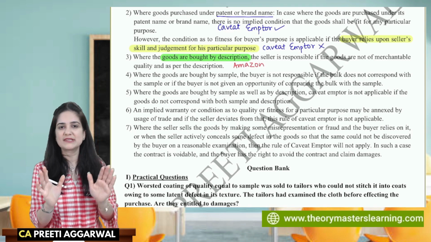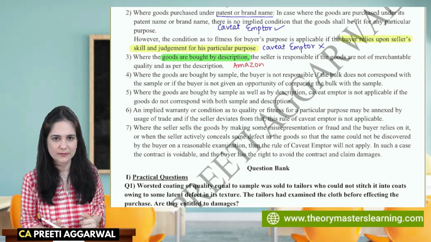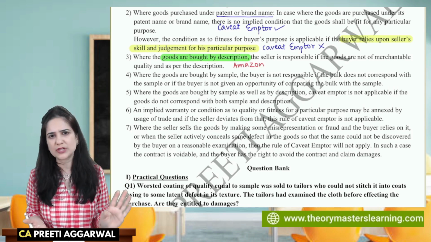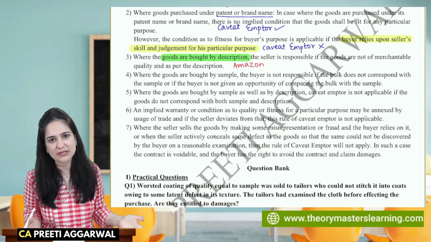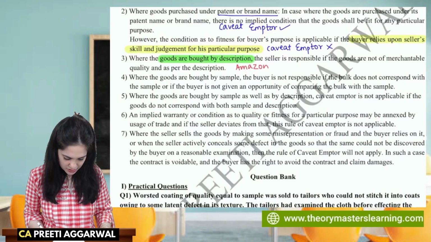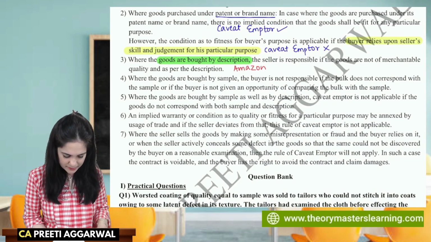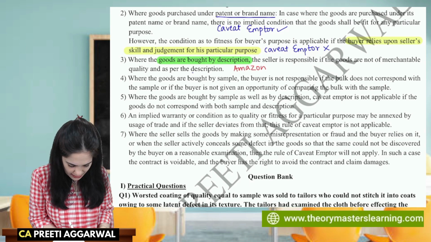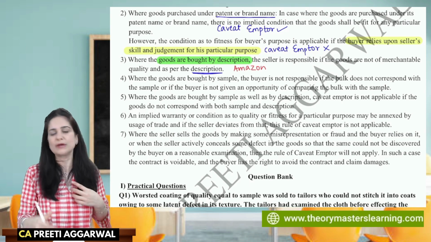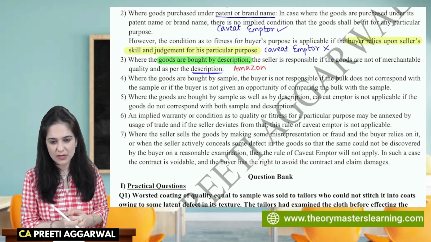You have purchased the goods reading the description. If you don't find the goods as per the description, you can reject the goods. You can say it is not matching the description. So where the goods are bought by description, the seller is responsible if the goods are not as per description. You can't blame the buyer. He has not even seen the goods. He has only bought on the basis of description.